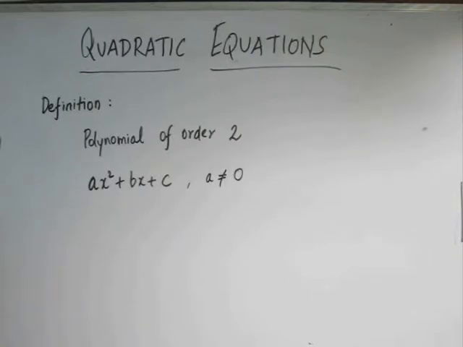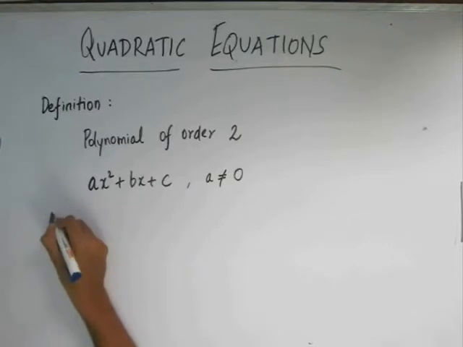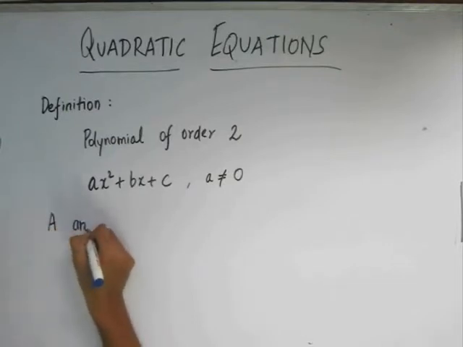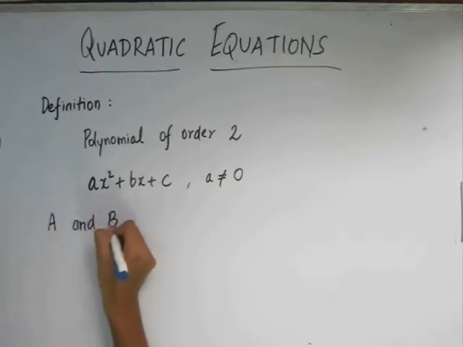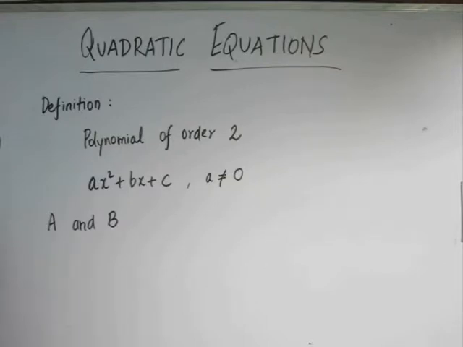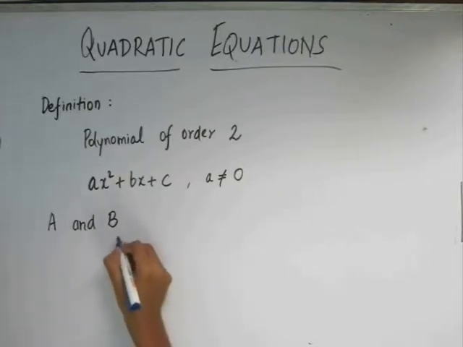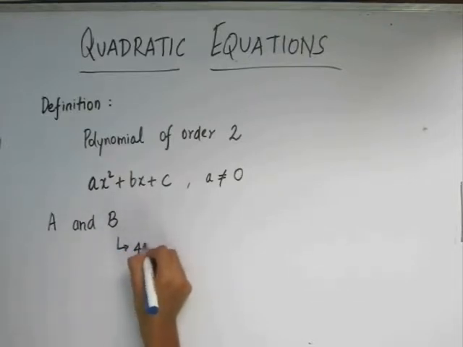Now let us consider a basic example. This is an example just to understand how a quadratic equation is formed. Suppose there are two people, A and B, and both of them together have 45 marbles with them.